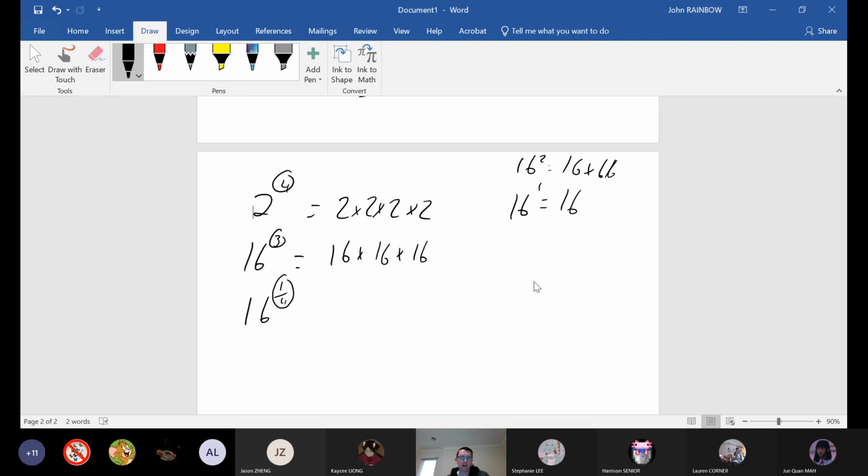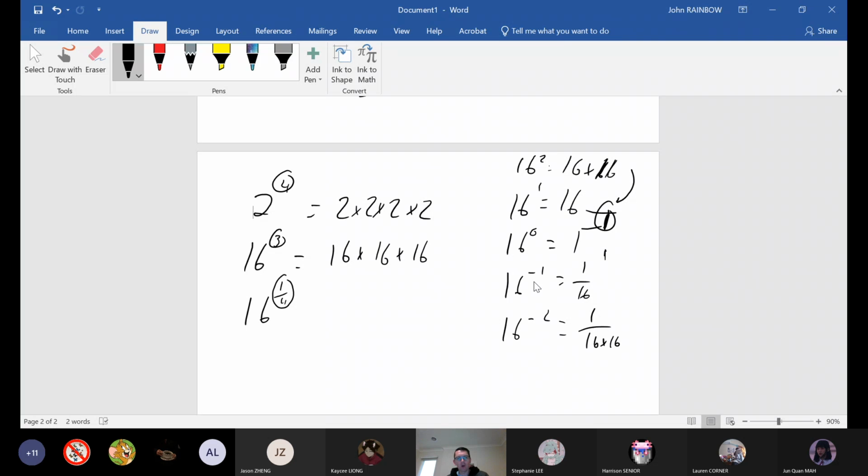So if you start getting into fractions, remember if you've got 16 to the power of 0, that will equal 1, because you're dividing by 16 every time. 16 to the power of -1 would equal 1/16. 16 to the power of -2 would equal 1/16 by 16, and so on. But we're looking at what happens when we get these fractions in between these steps.